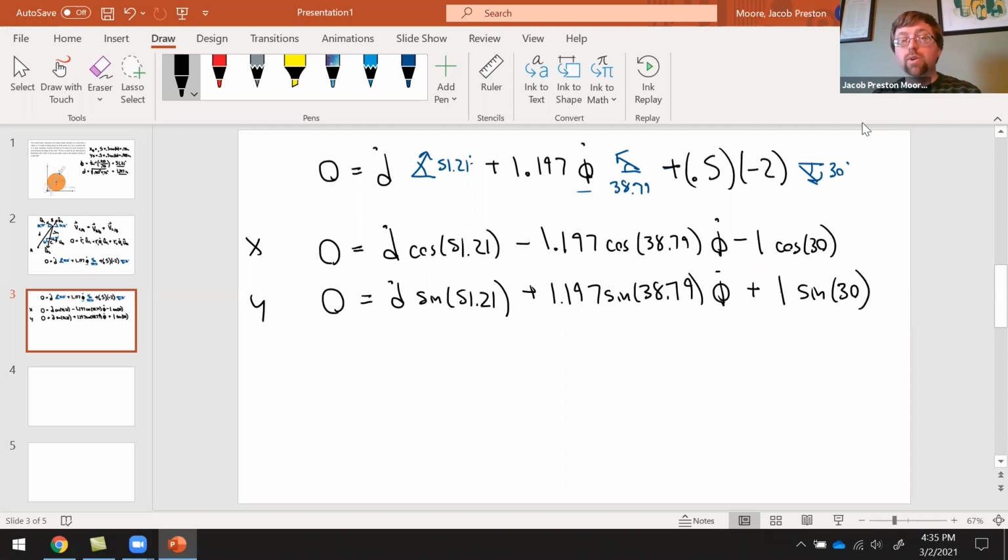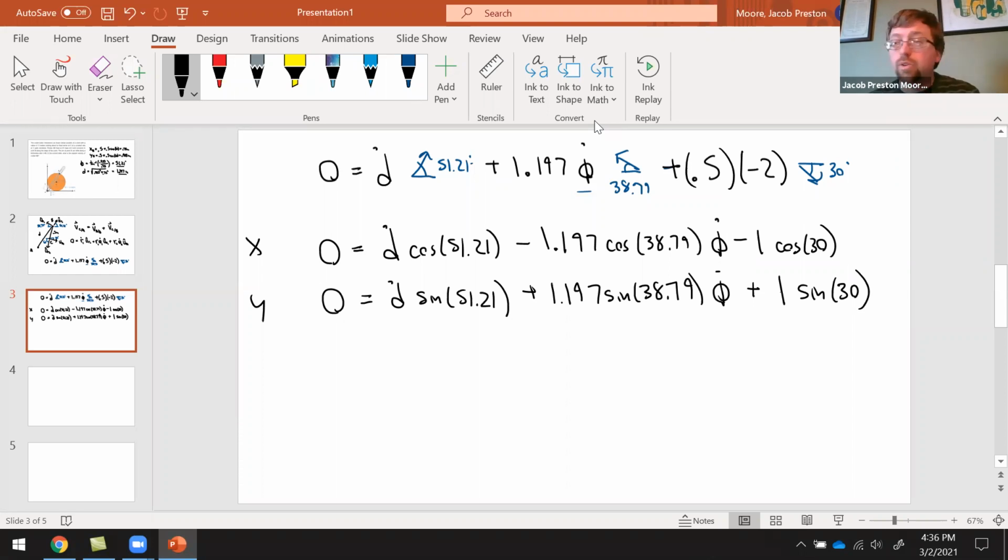All right, so here I've got 2 equations and 2 unknowns. I'm not going to go through the full math of this, but this is a solvable set of equations. In the full PDF solution, what I did is I took the x equation and solved it for d dot. Once I figured out d dot is something times phi dot, I plugged that into the y equation and solved for phi dot.